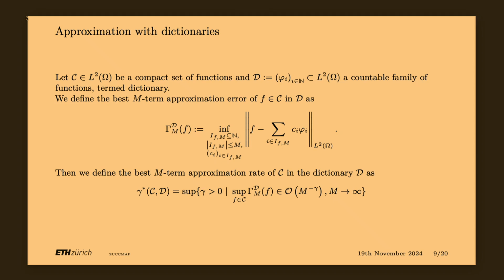So what is a dictionary? A dictionary is simply a countable set of elements in the L2 space, which we call D. And we now ask for the best approximator that is a linear combination of at most m elements in the dictionary.